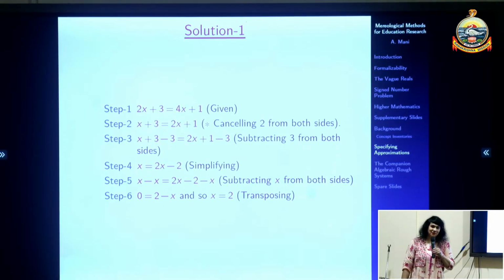I have seen this page somewhere, and I was wondering what you wanted to say. Are these 6 steps a sample of a solution?